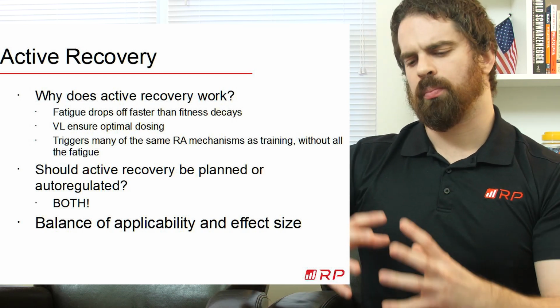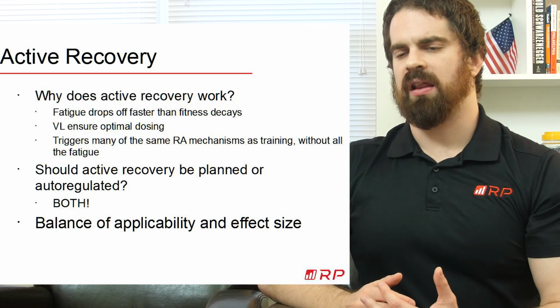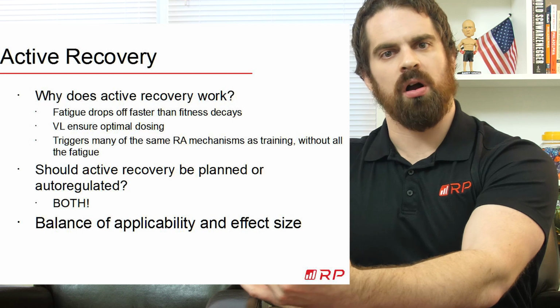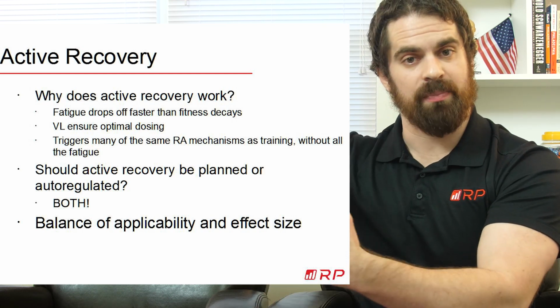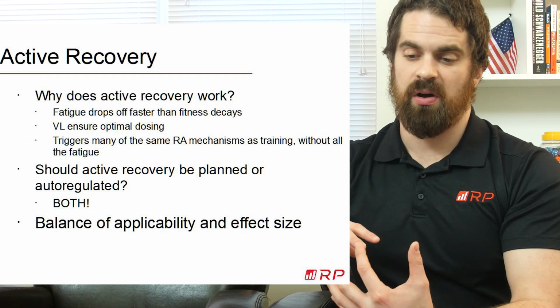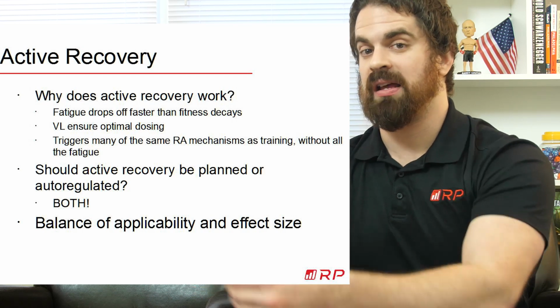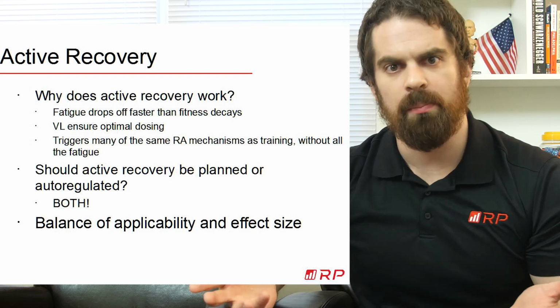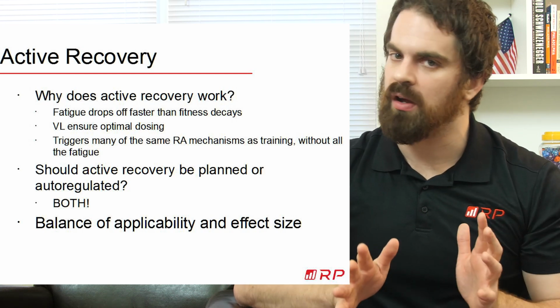So we might have a pre-planned active recovery strategy, like having a deload, but we might find that our deload was placed at the wrong spot. And we might have to auto-regulate a deload in our mesocycle to get back in the right spot, and then we can say, you know what, I messed that up. The next time, I'm going to plan ahead and say, I know where that's supposed to be, and I'm going to pre-plan it better next time. Why not both? Like Zoidberg, right? Why not Zoidberg? Same idea. You can do both. It doesn't have to be one or the other.